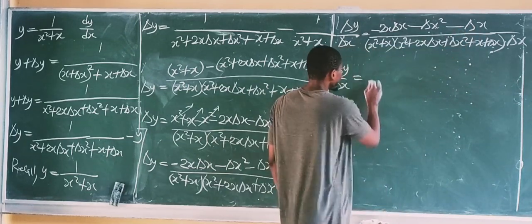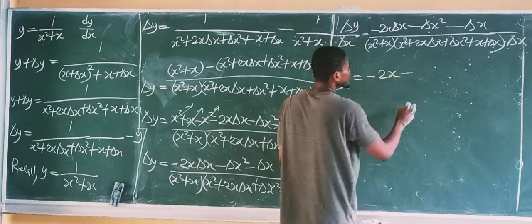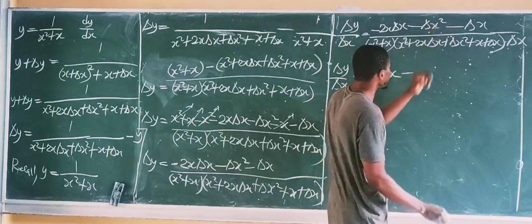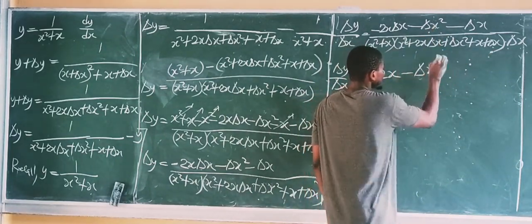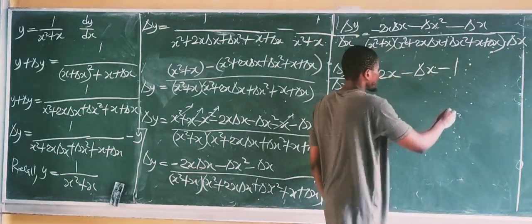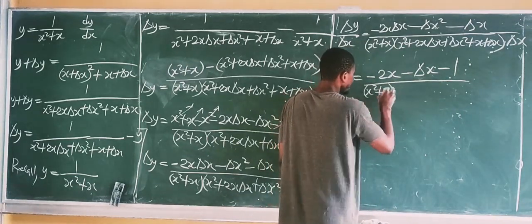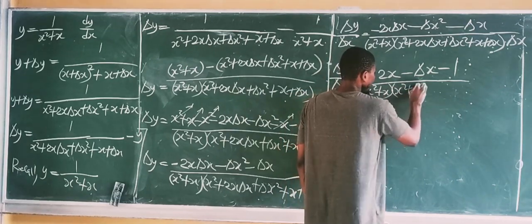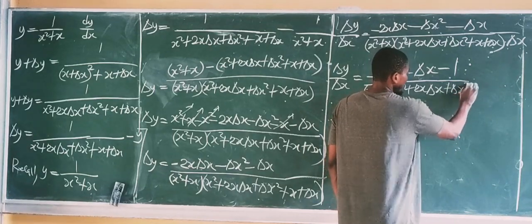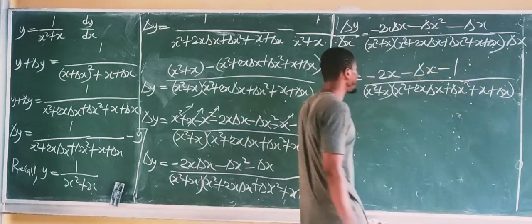So I'll simply be left with minus 2x minus change in x, minus 1 all over x squared plus x times x squared plus 2x change in x plus change in x squared plus x plus change in x. So I have this.